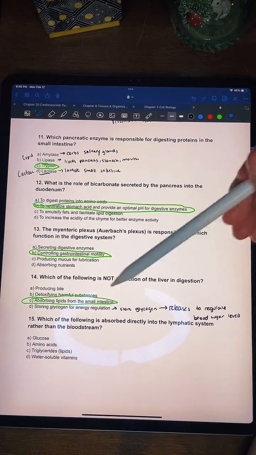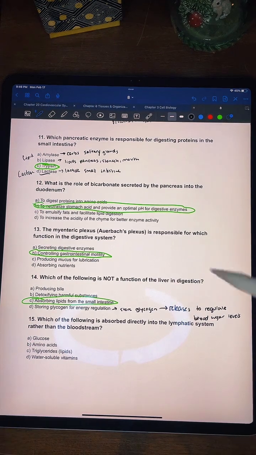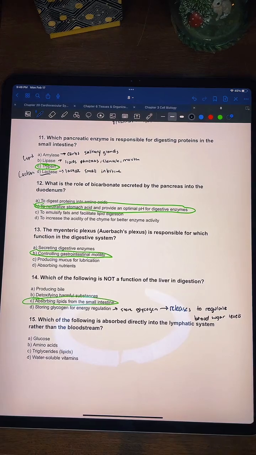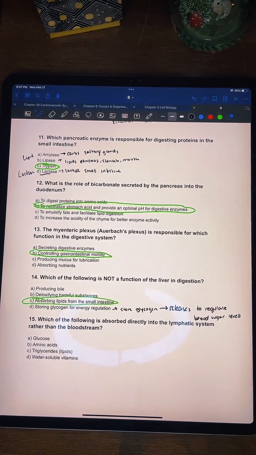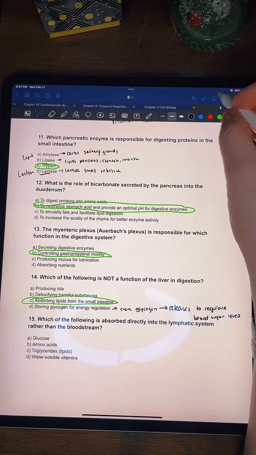Last question here. Which of the following is absorbed directly into the lymphatic system rather than the bloodstream? So the answer is C, triglycerides.